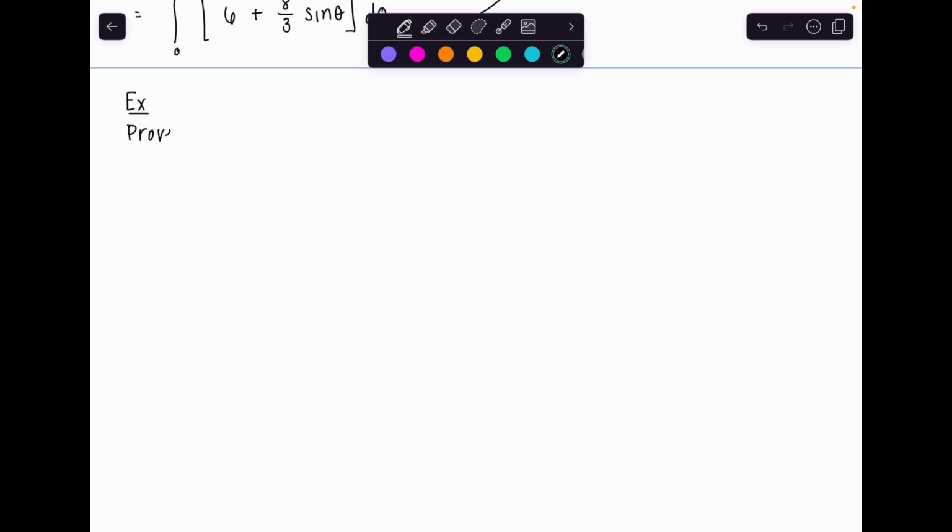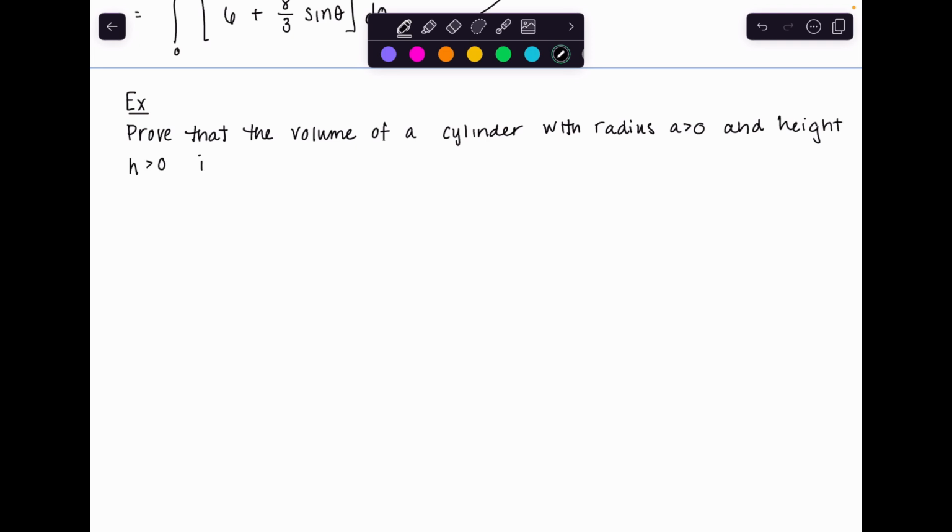So we are going to prove that the volume of a cylinder with radius a, which is a constant and positive, and height h, which is also a constant and positive, is, if you remember, the area of the base, which is pi r squared. So in this case, pi a squared times the height.